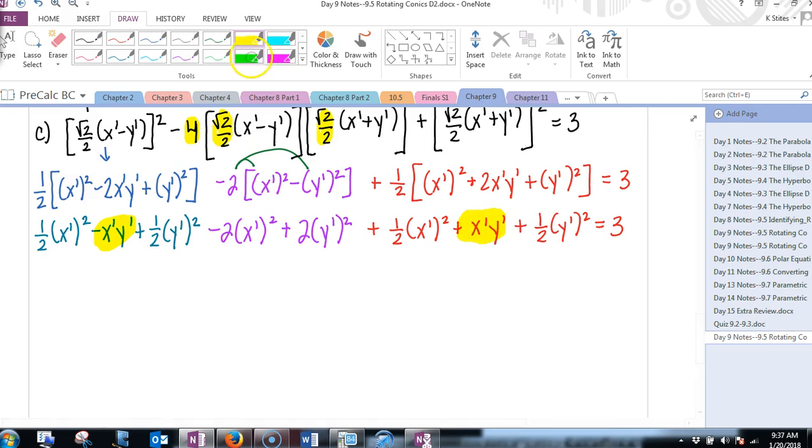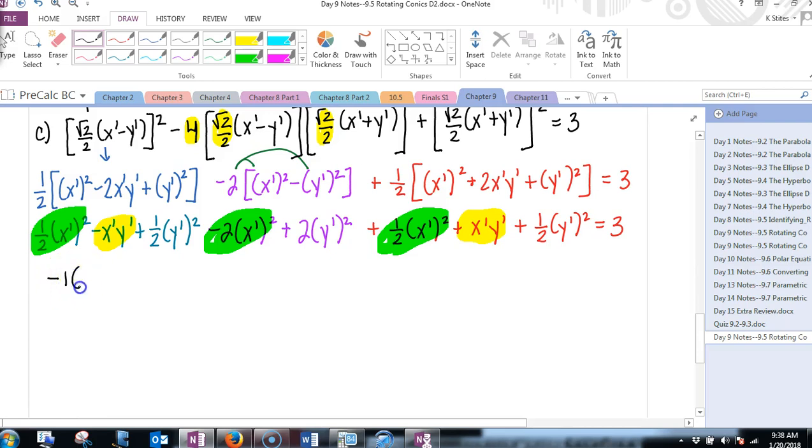So now we'll go ahead and we'll combine our x prime squared terms. You have 1/2 minus 2 plus 1/2. And that is -1 x prime squared. And then your y's, you have 1/2 plus 2 plus 1/2. And that is 3.